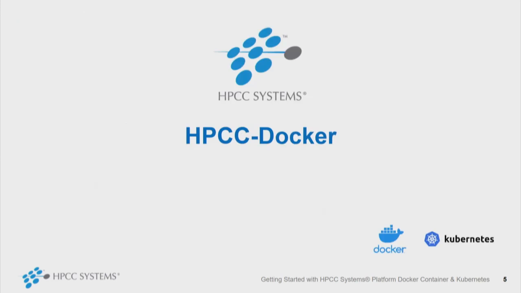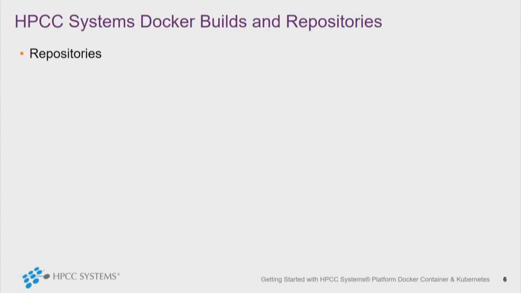So let's talk about the HPCC Docker project. To make things easier for you, we provide you our latest HPCC Systems Platform gold images through two different libraries: Docker Hub and Amazon Elastic Container Registry.